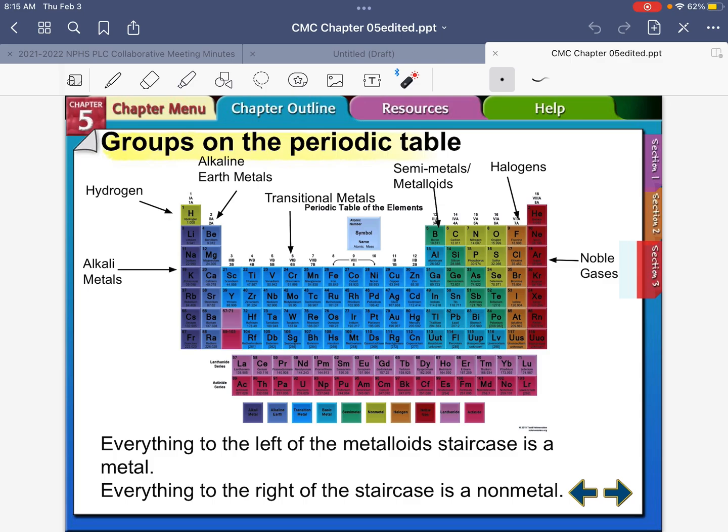This is because they have all of their electrons, every energy level is completely filled. And so all the other elements over here want to gain, lose, or share electrons so that they look like these noble gases here.